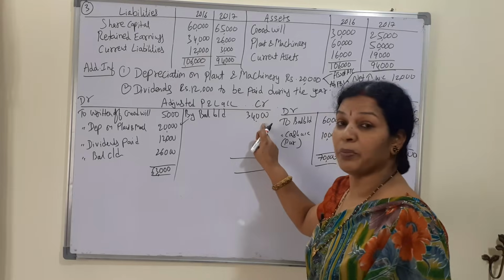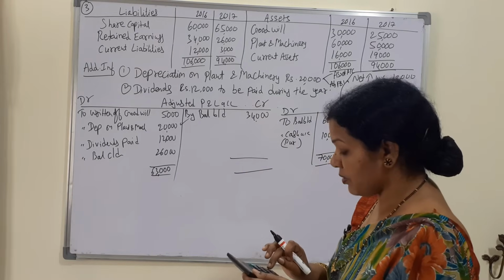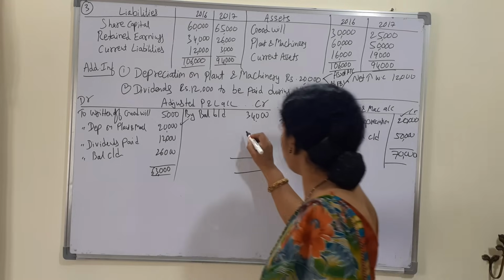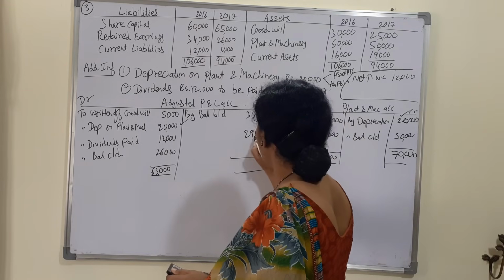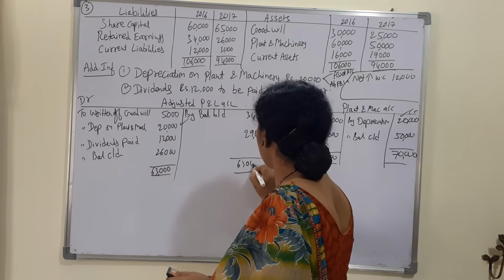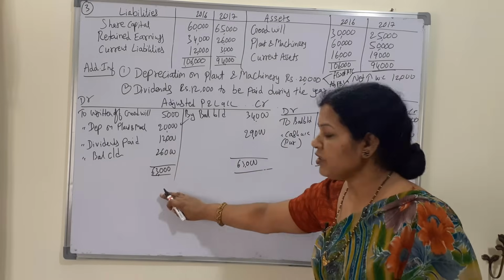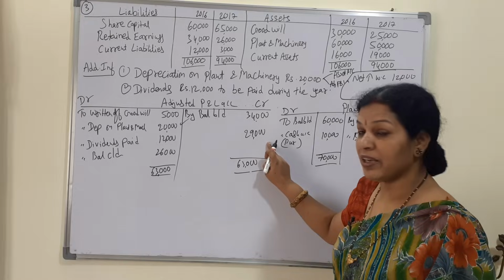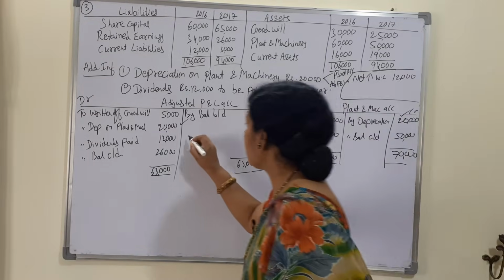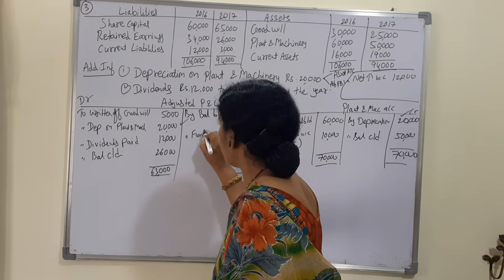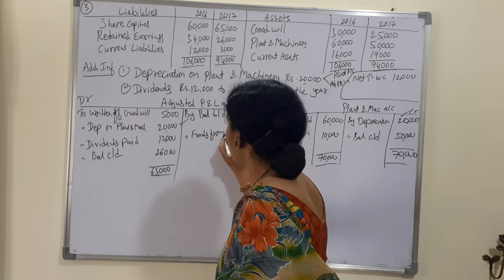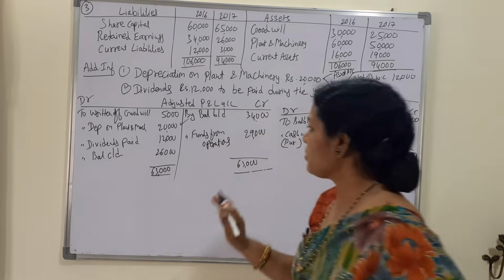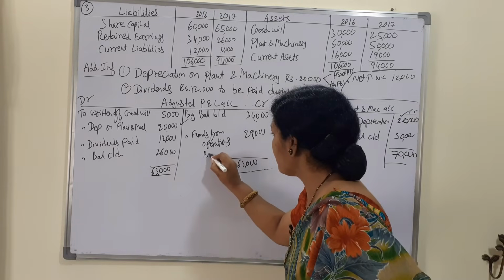Now 63,000 minus 36,000, 34,000 minus 34,000. It is 29,000. You are getting balance. Total is 63,000. 63,000 minus this balance. You are getting balance of 29,000. 29,000 is here funds from operations. Funds from operations. This is balancing figure.